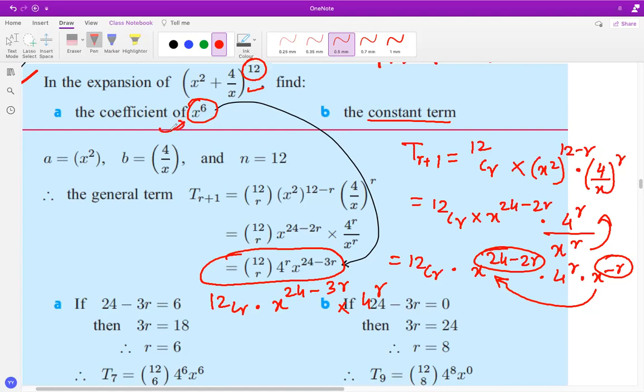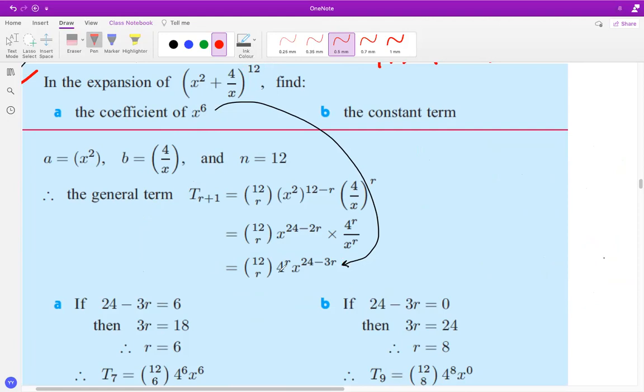So coming back to how you find the coefficient of x to the power 6: basically this power should be equal to 6, as simple as that. So I'm just going to equate this power to 6 and get my r value. I'm going to get r as 6 here. Since you got r as 6, it means that it was T7 actually.